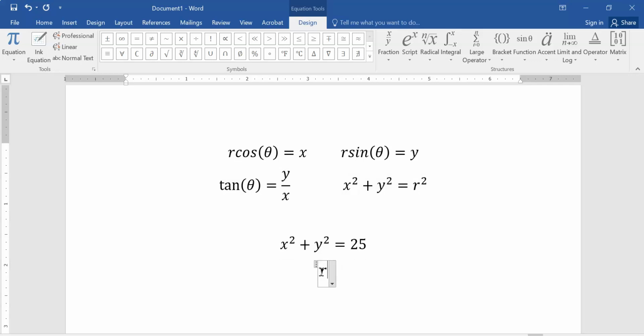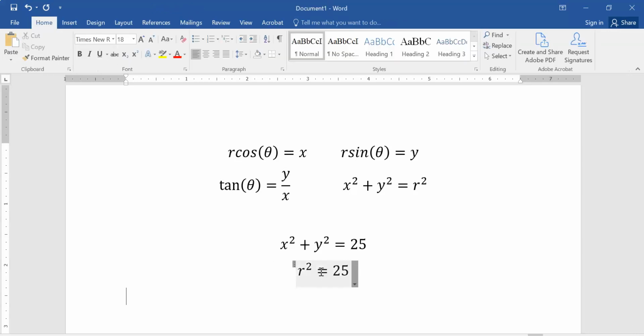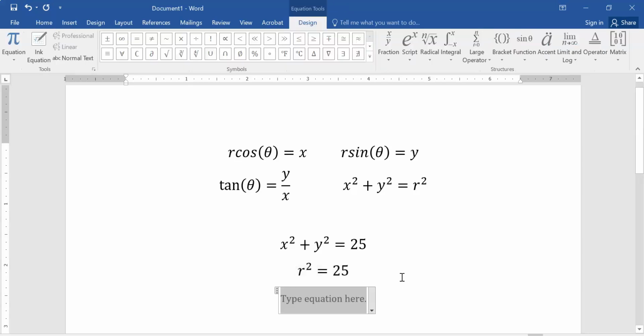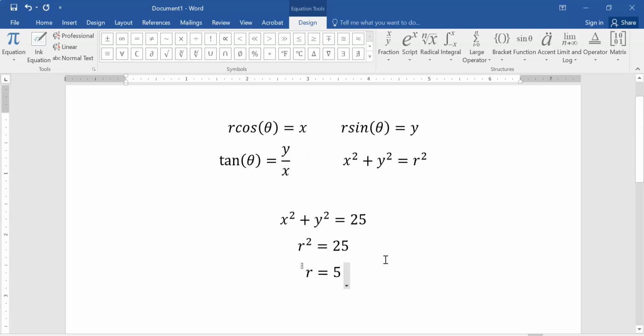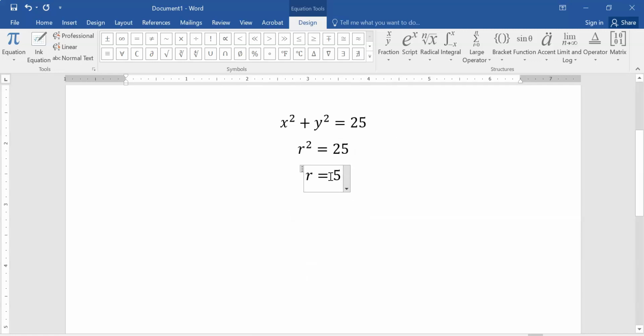So take the r squared, I want to have polar, so I want r's and thetas, equals 25. And then usually in polar form, we solve it for r if we can. So we can say r equals 5 by square rooting both sides if we like. Now, sometimes you say, oh, we got the positive 5, but not the negative. That's not a big deal because we can use various tricks with the theta.